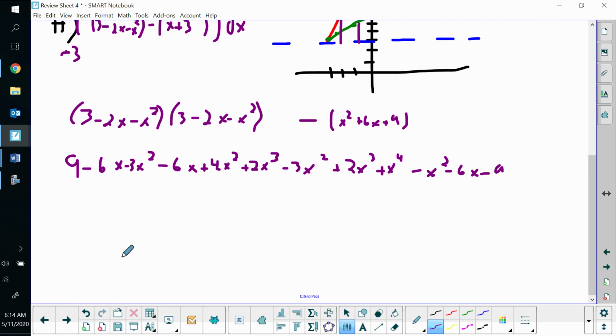So for our integral of pi from negative 3 to 0, our biggest term is an x to the fourth, which we only have one of. Then we have a 2x cubed and a 2x cubed, so that's plus 4x cubed.